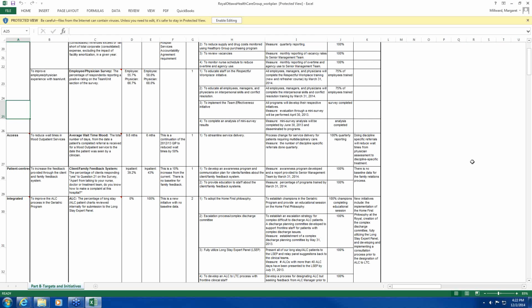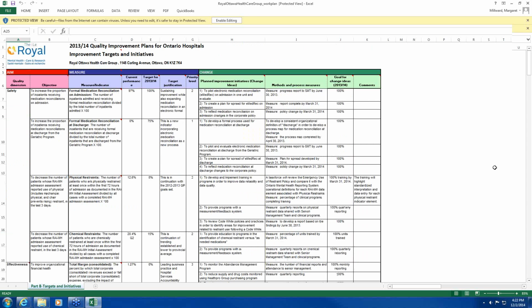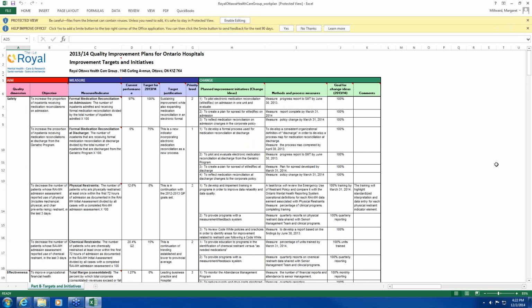And so this is an example of a mental health submission from the Royal. So talking about medication reconciliation in the geriatric program.